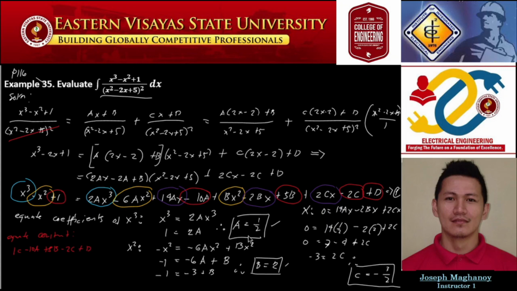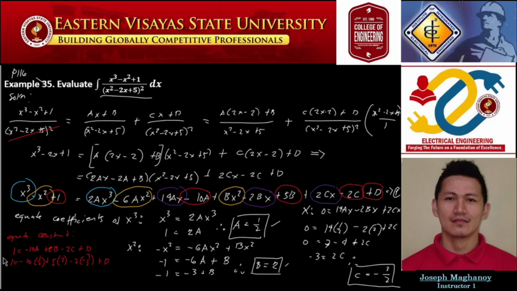Substitute the values of a, b, and c into our equation. We have 1, negative 10 times 1/2, plus 5 times b, which is 2, minus 2 times c, which is negative 3/2, plus d. So the remaining term is only our constant d.